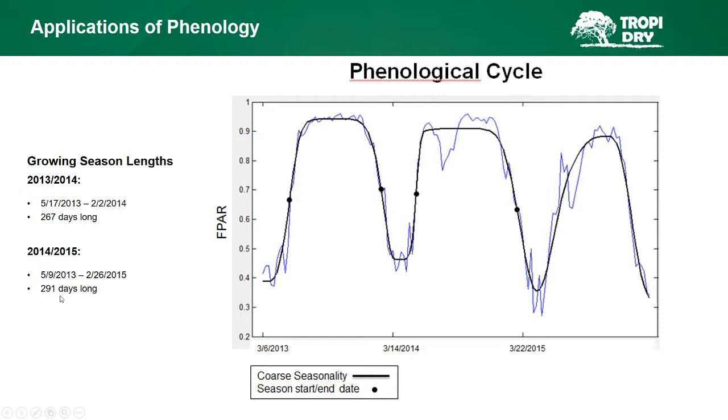So it's things like that that we can start to investigate and we can start to wonder. And that's why tracking the phenological cycle of forests is particularly important, especially in the cases of climate change. It allows us to help predict how our forests are going to react to the changing climate.